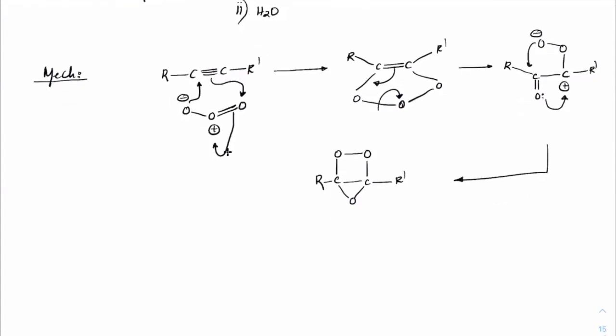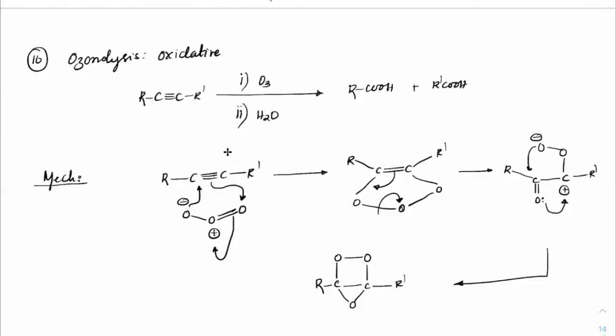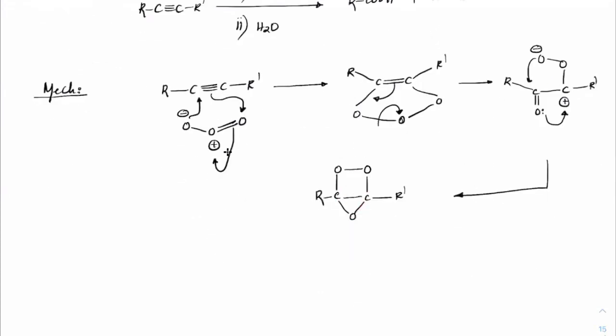Now when it comes to without water, what is happening? In fact, as you can see here, if you leave it for a long time, the bond breaking happens in such a way that we will get a double bond here, and this bond is going to break onto this side.